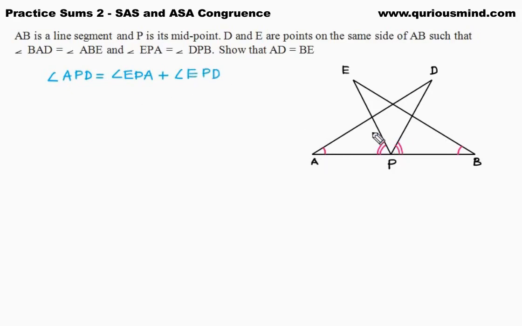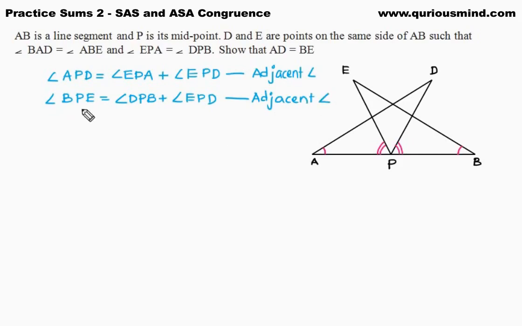Angle APD is equal to angle EPA plus EPD. These two angles give me angle APD because those are adjacent angles. Angle BPE is equal to angle BPD or DPB plus EPD.